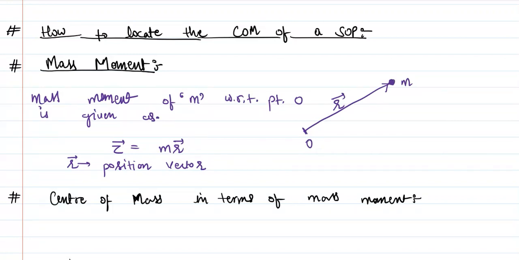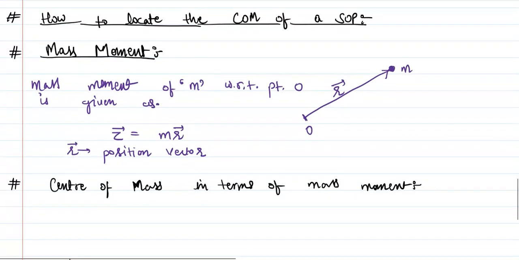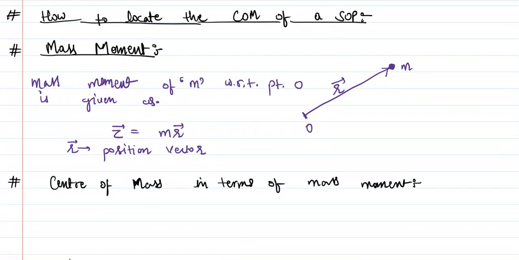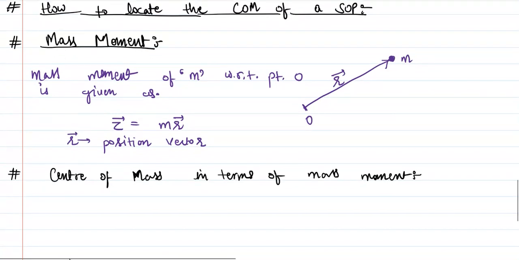So in a system of particles, center of mass is defined as a point about which the mass moment of all the particles of the system of particles is going to be 0. You can write the definition.